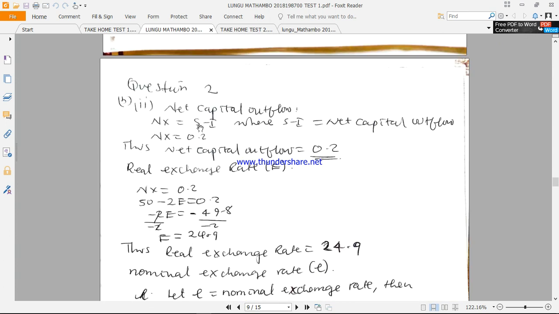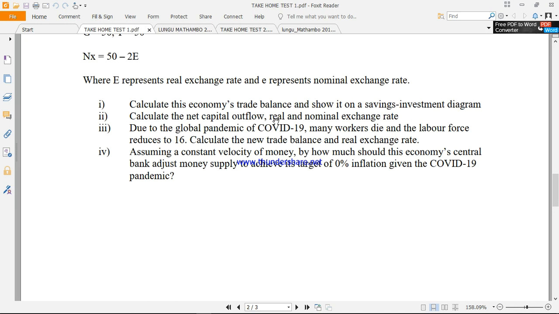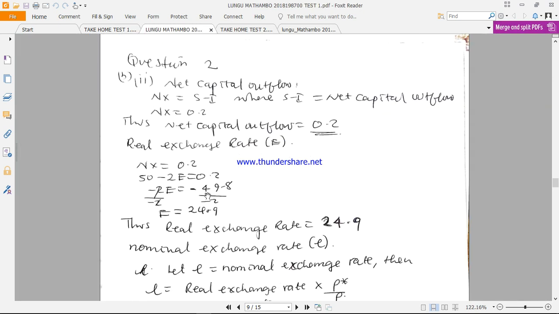Remember what we're looking at in an open economy. We said net capital outflow is just savings minus investment, so we don't have issues there. I've got 0.2, and then what else? We have also been asked to find the real and nominal exchange rate, but the real one we already found. I think we did that. Where is that?